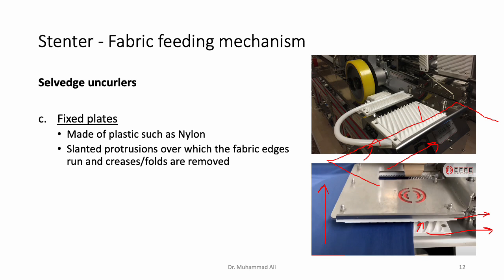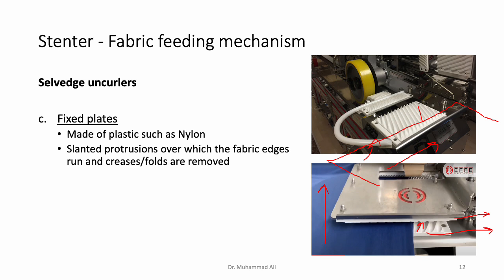If we want to compare the three types of selvage uncurlers, then we can compare them on the basis of their effectiveness in removing creases from the fabric. We can compare them on the basis of consumption of utilities, let's say. If we talk about the effectiveness, it's not that one of these is more effective than the other.